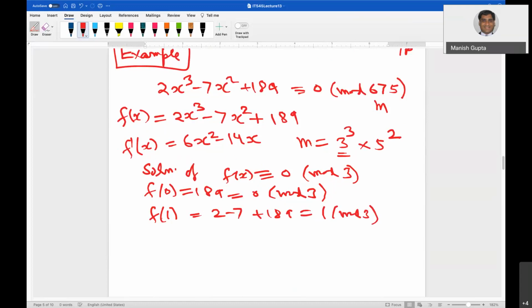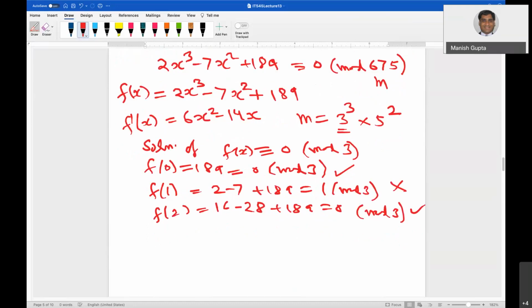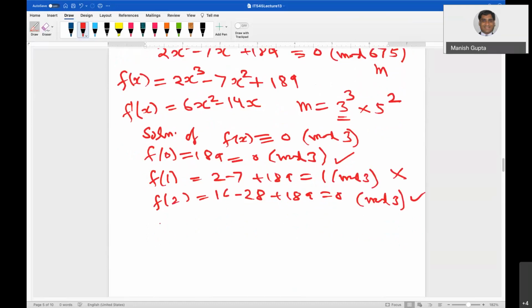And f of 2 is equal to 16 minus 28 plus 189, turns out to be 0 mod 3. So हमने खाली x की वैल्यू सब्स्टिट्यूट कर दी, तो 0 is a solution, this is a solution. So x equal to 0, and so roots are 0 and 2.